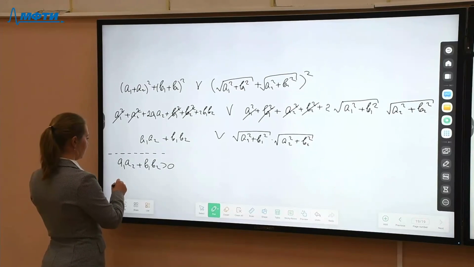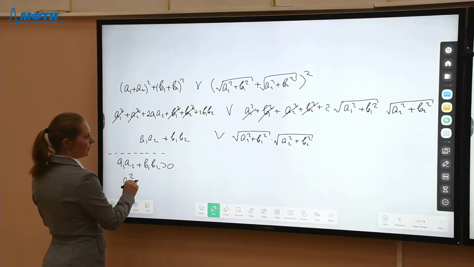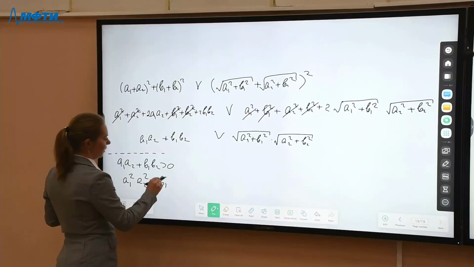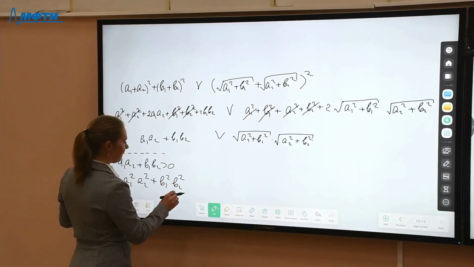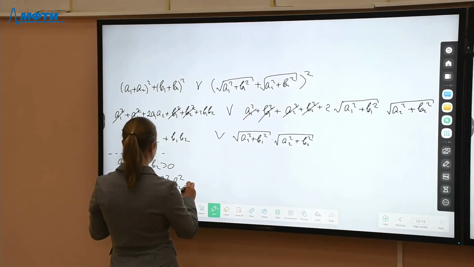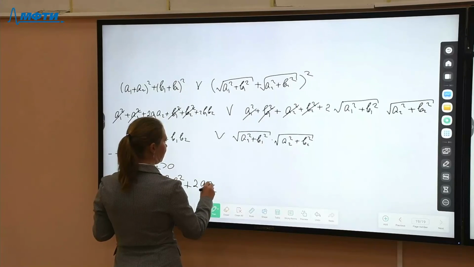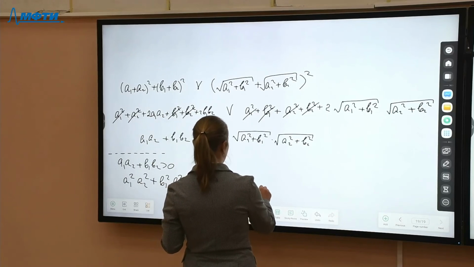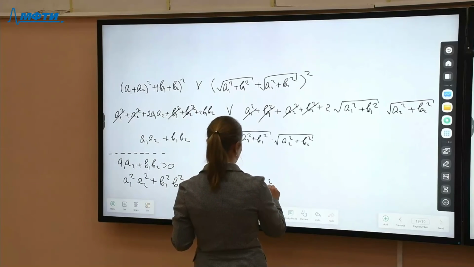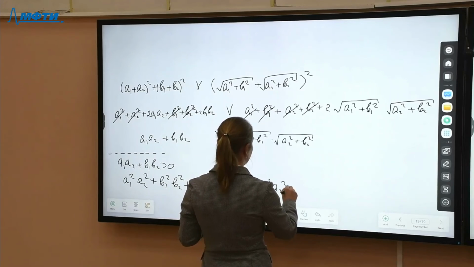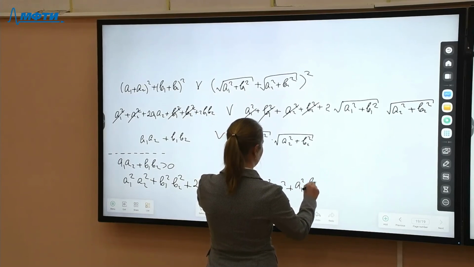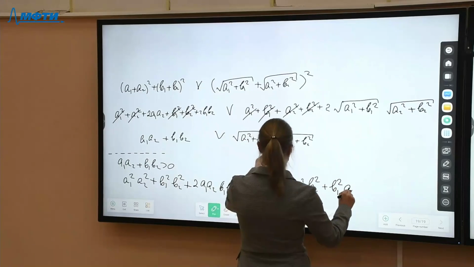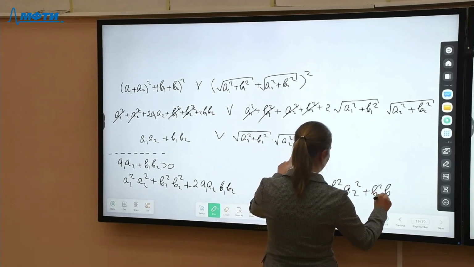And we will have that a1 squared a2 squared plus b1 squared b2 squared plus 2a1 a2 b1 b2 here, and here we have a1 squared a2 squared plus a1 squared b2 squared plus b1 squared a2 squared plus b1 squared b2 squared.